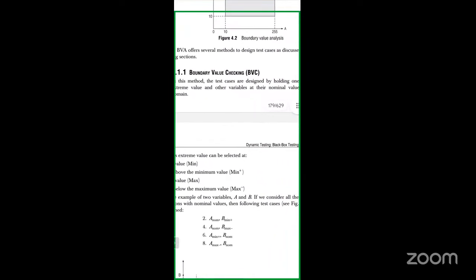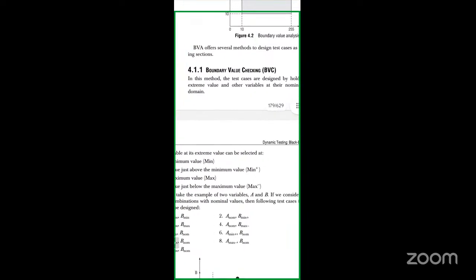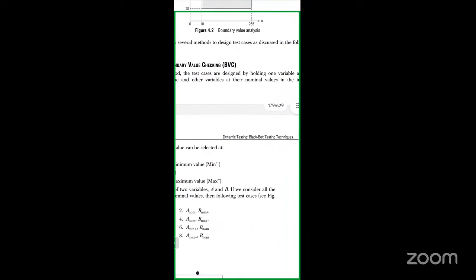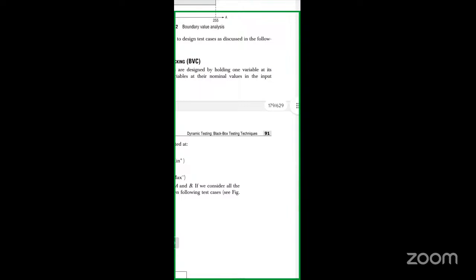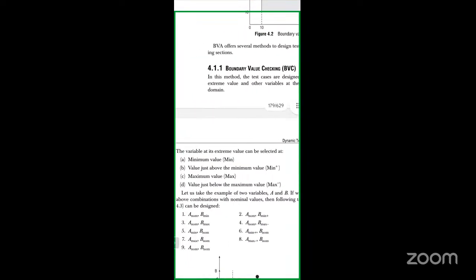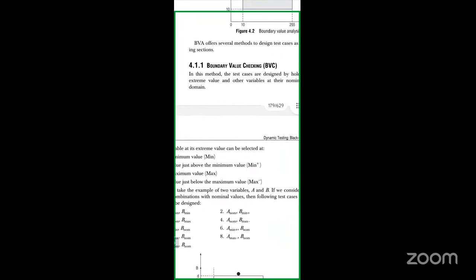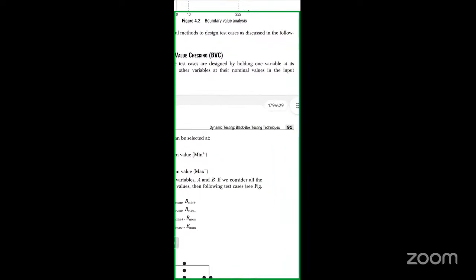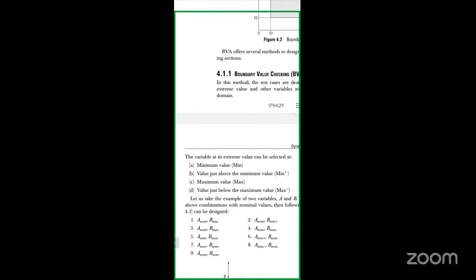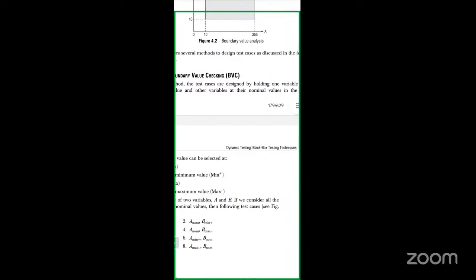So in boundary value checking, in this method the test cases are designed by holding one variable at its extreme value and the other variables at their nominal values in the input domain. When we provide input, we give the minimum values, the nominal values, and the maximum values for the given inputs.